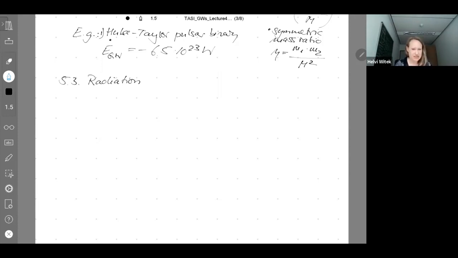So that's the basic features which are important for us to understand what's going on. So radiation reaction for binary. And sorry, let me just be more specific. I will focus again on an already circularized binary.